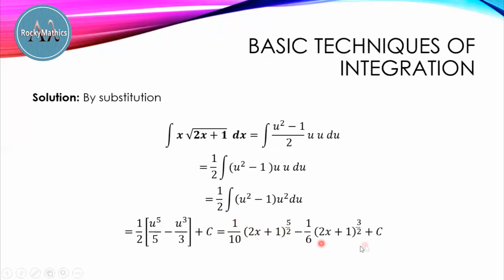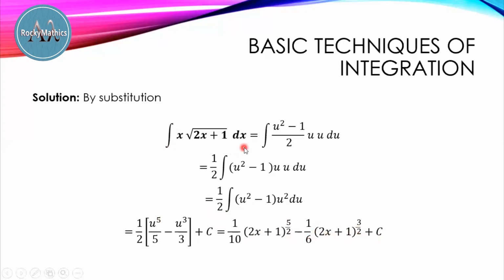That's why by substitution, this is equal to 1 over 10 times the quantity 2x plus 1 raised to 5 over 2. Where did we get this 5 over 2? Because the exponent of our u is 1/2, then multiply by 5. And we have 1 over 6 times the quantity 2x plus 1 raised to 3 over 2, plus c. So this is the indefinite integral of this problem.